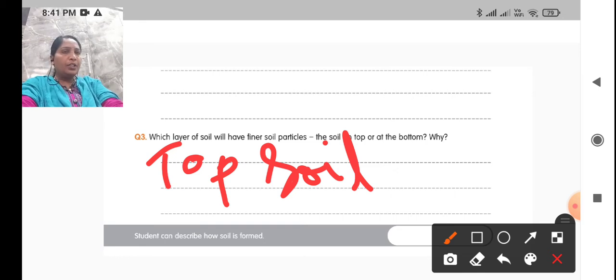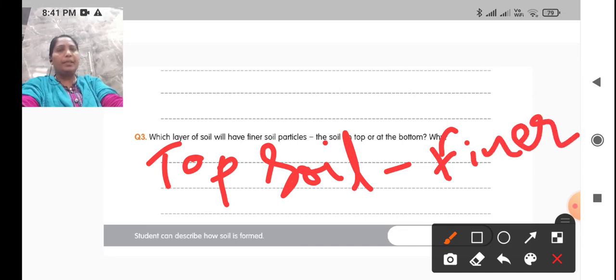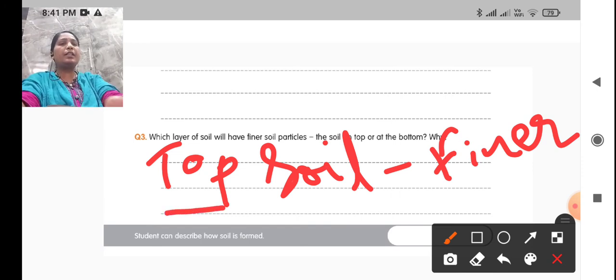And the reason the topsoil has very fine particles is that the layer is exposed to the sun's heat, wind, and heavy rainfall first falls on the topsoil itself. And one more thing, the dead bodies of small animals are present in the topsoil. So you can write this answer by using these clues.